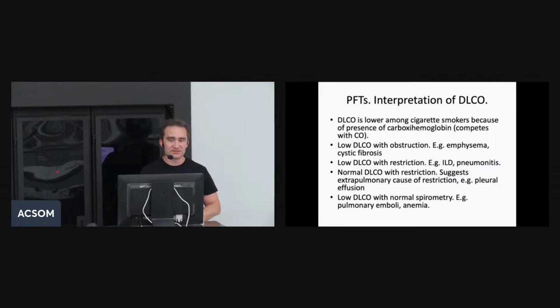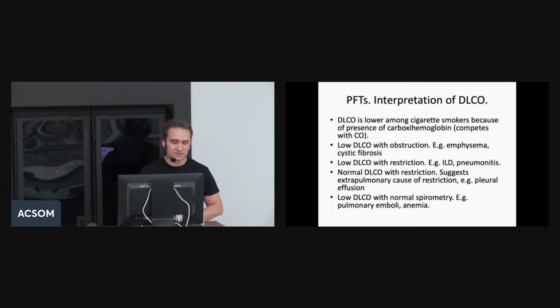It can be lower with restriction, for example, interstitial lung disease or pneumonitis, because the alveoli will be thickened. And you may have a normal DLCO with a restriction, for example, with a pleural effusion, which creates external pressure, but the gas exchange in a given area is still preserved.